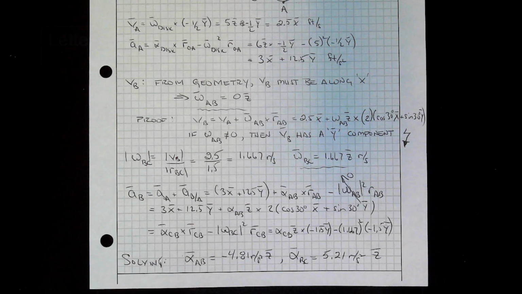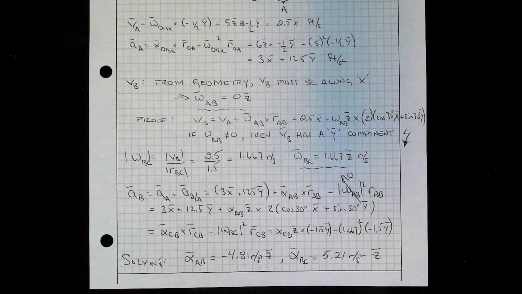I will note something. From just the geometry, it should be obvious that VB will be along x. This is hanging straight down, and as this turns this way, it's going to push that in this direction. So the velocity of B is obviously going to be in the x. If A is in the x and B is in the x, VB has got to be exactly the same.